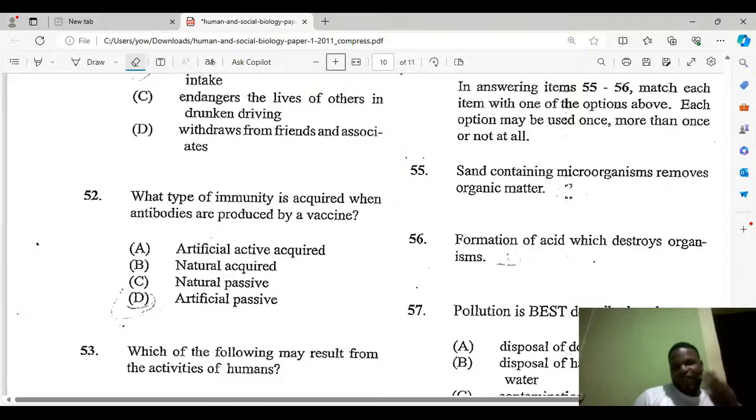Yeah, but by vaccine, it's still artificial immunity. Artificial active is when the immune system is stimulated by exposure to a pathogen. And how you get exposed to a pathogen has to be through artificial active, right?